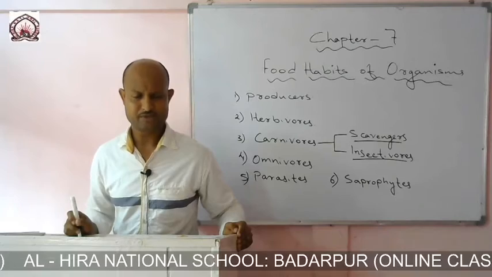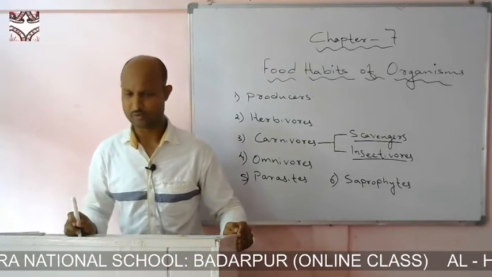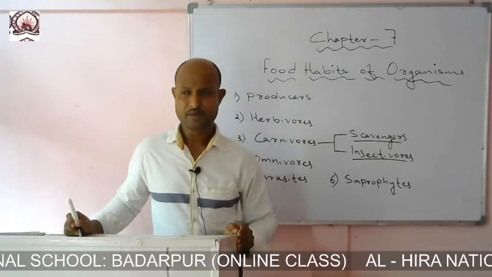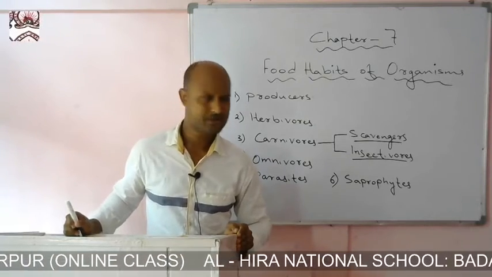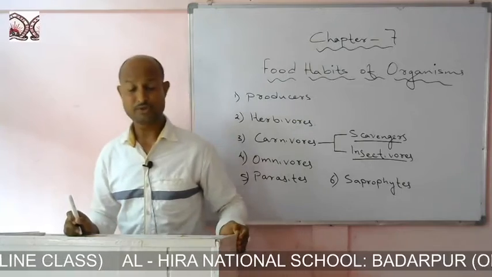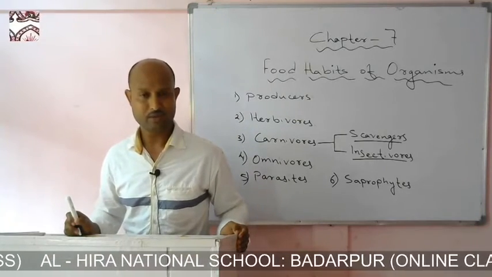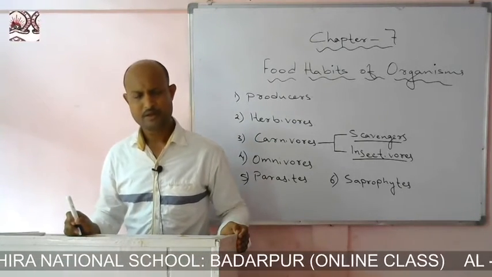What happens to the leaves or the twigs or the branches that fall on the ground? It doesn't mean that someone has collected and taken them away to their home. Not like this. We know that most of the saprophytes are mushrooms and molds or mosses and all.